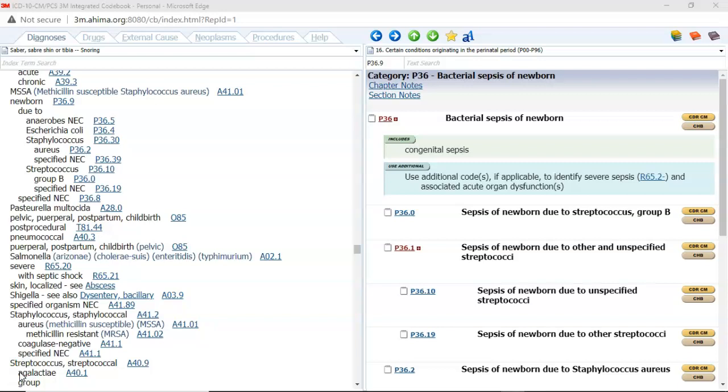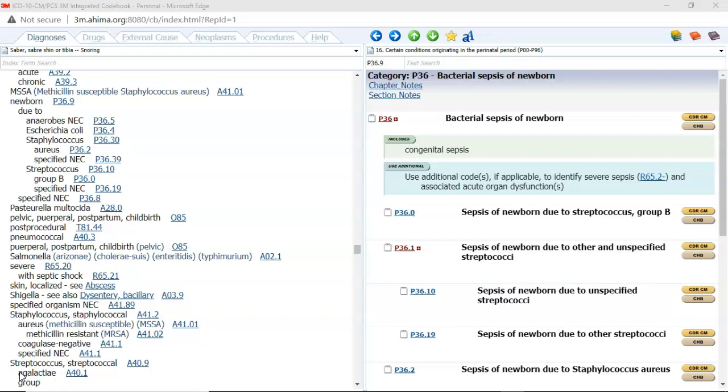Now, you'll also notice that you have a guideline for a stillbirth, P95. It is very unlikely you would ever apply that code. Remember, this is a code that starts with a P, so it's coming from a chapter that can never be assigned to the mother's chart. It cannot be assigned to the maternal chart.